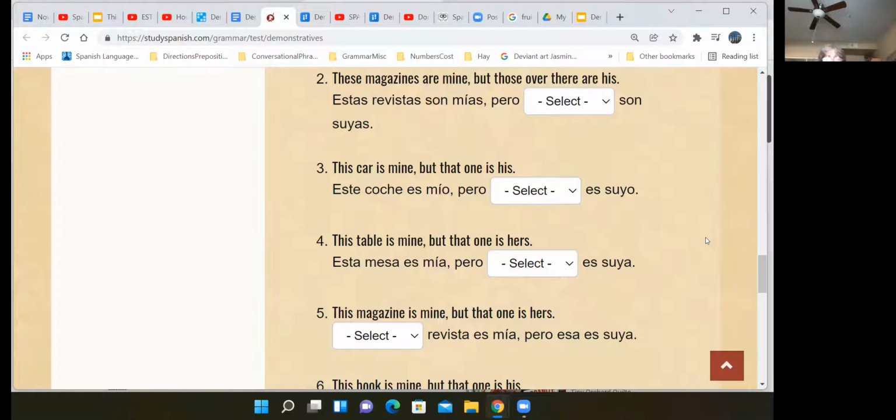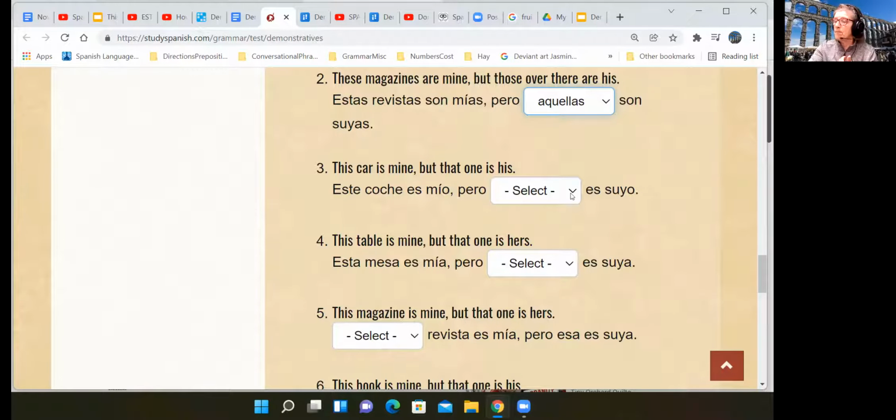Bien. These magazines are mine: esas revistas son mías, but those over there are his: aquellas son suyas.